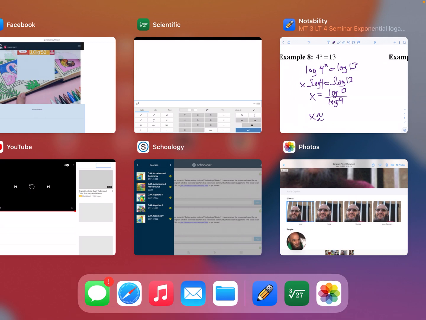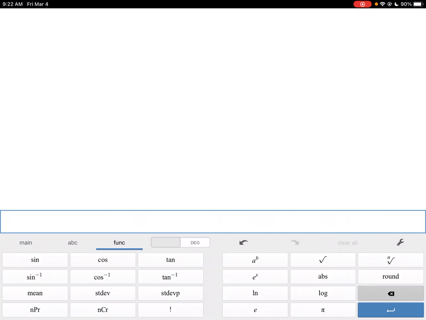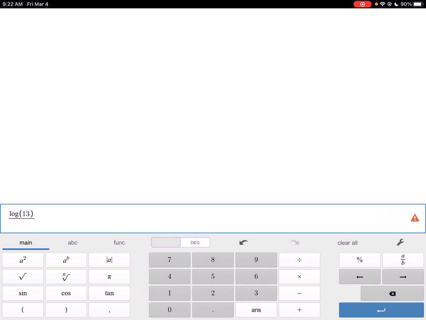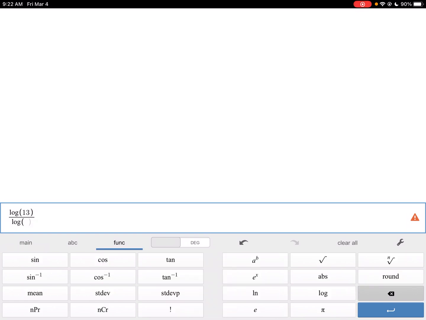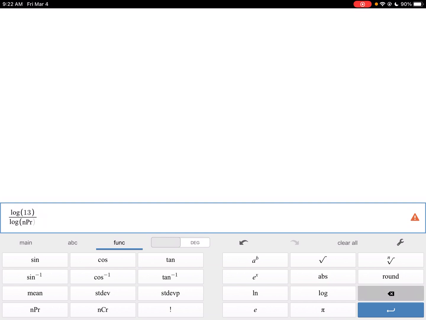I'm going to take the log of 13, and I'm going to divide it by the log of 4. Sorry about that, I pressed the wrong button there.